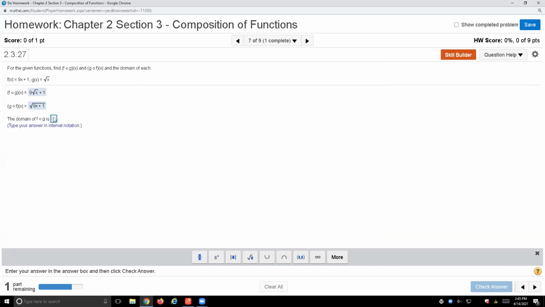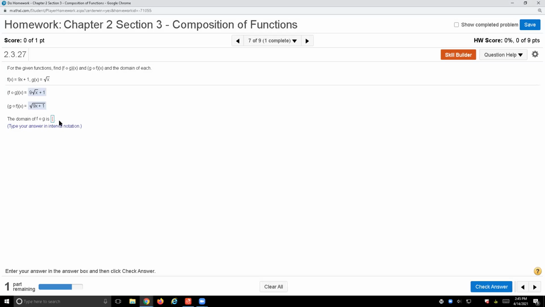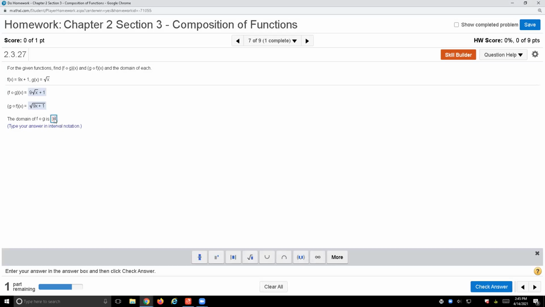Okay, so the domain here, put it in interval notation. So we have a bracket, 0, comma, infinity. And infinity is always parenthesis.